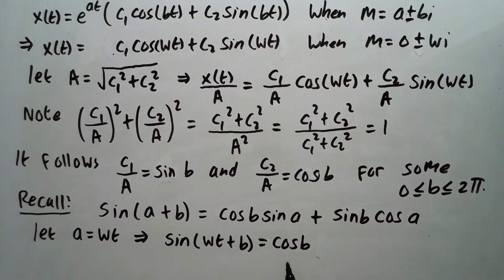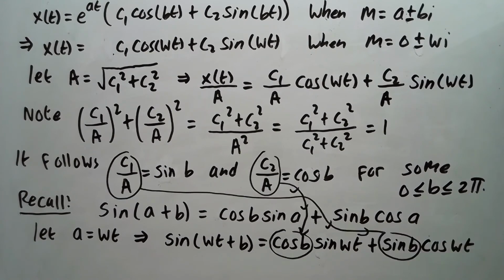Okay, so this would be then cosine of b sine of a, but a now is omega t, so it'll be sine omega t plus sine of b cosine of omega t.